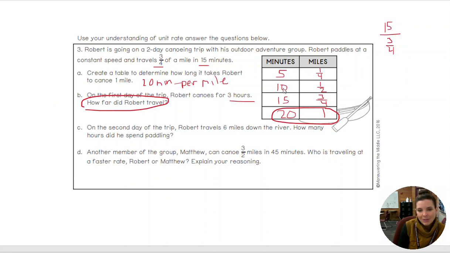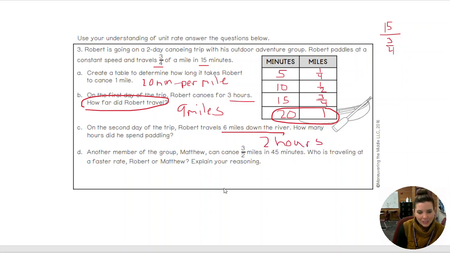And so then for 3 hours, we would say he's able to travel 9 miles. On the second day of the trip, Robert travels 6 miles down the river. How many hours did he spend paddling? Okay, so we already just talked about the fact that he's going 3 miles in 1 hour. So if he travels 6 miles down the river, that means he spent 2 hours.